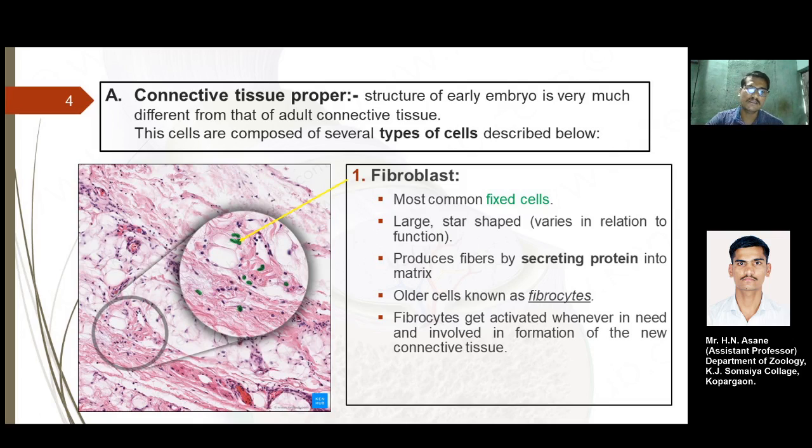In this slide, you are going to see something zoomed in for a better understanding of what fibroblasts are, and this is highlighted by the green color. I have put a pointer on it, so you can see the green color over there.